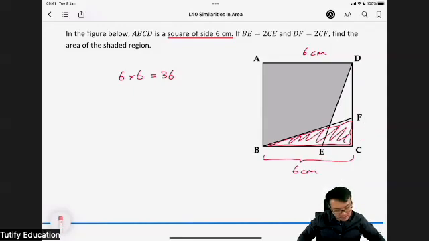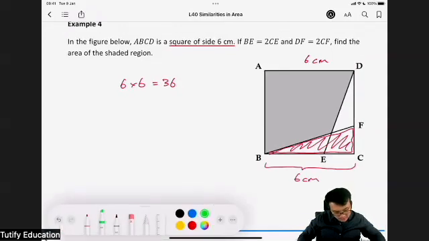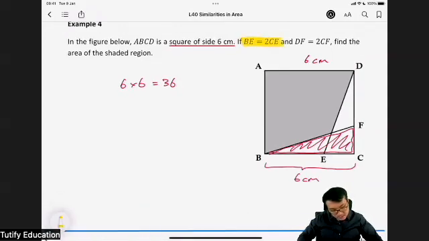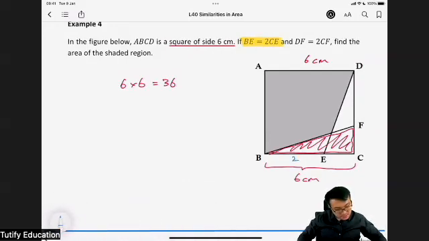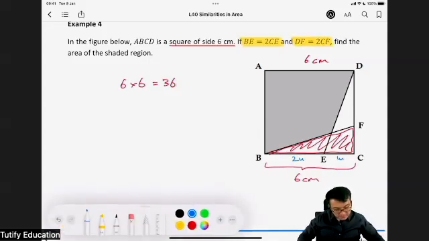If we don't know the height, let us read the question. The question says that BE equals 2 times of CE. Now, what does this mean? BE equals 2 times and CE is 1 time. So that means CE has 1 unit, BE is 2 units. Do you agree? Correct. And they also told us that DF equals 2 times of CF.